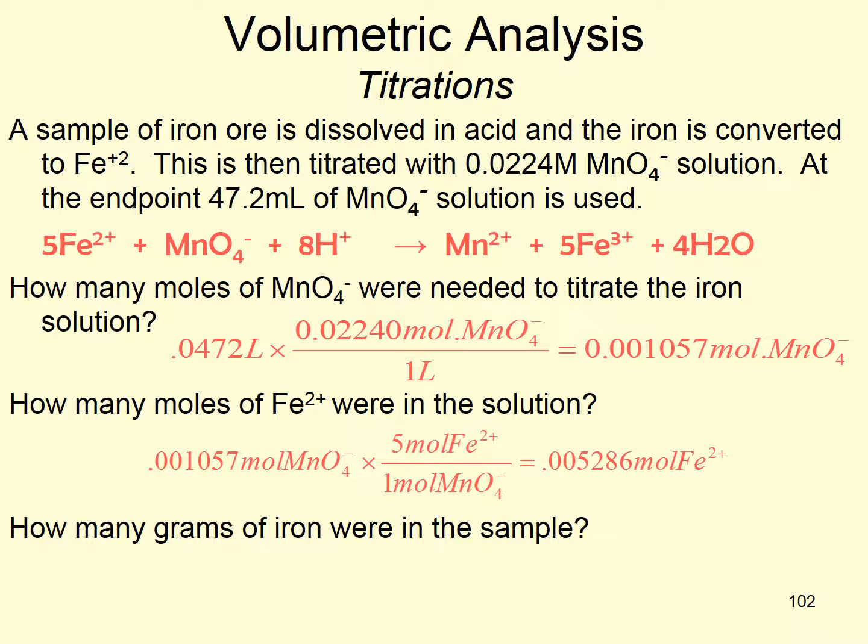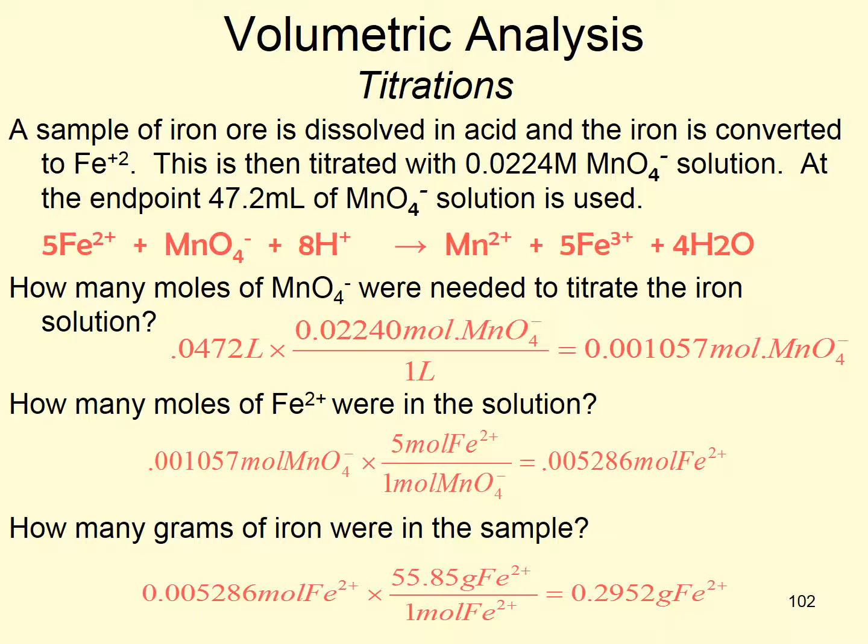So how many grams of iron were there? Well, now you just have to take that and multiply by the molecular weight of iron, and you get 0.295 grams of iron. So again, you can figure out the moles by multiplying molarity times volume in liters, and then you can find the moles of the other substance you're interested in by using the mole to mole ratio.